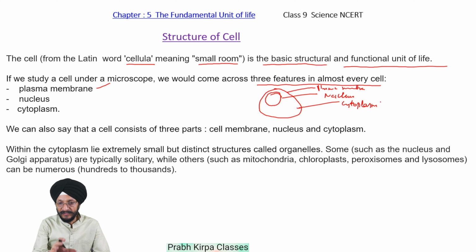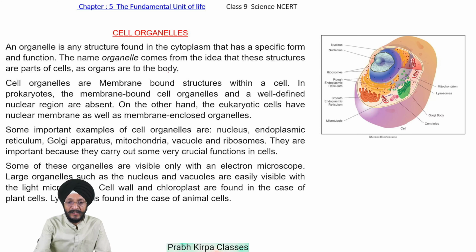Now we will discuss what are the cell organelles. An organelle is any structure found in the cytoplasm that has a specific form and function. You can see here all these, whether it is endoplasmic reticulum, nucleus, mitochondria, lysosome or Golgi body, all these are organelles.